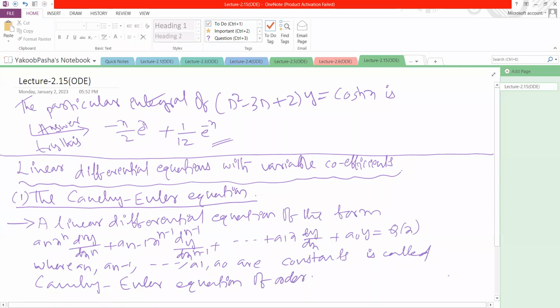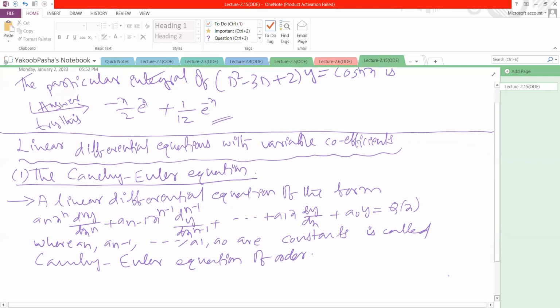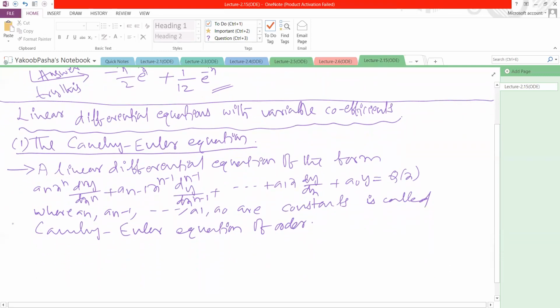Now, in order to solve Cauchy-Euler equation, we have to take a substitution for solving the Cauchy-Euler equation.